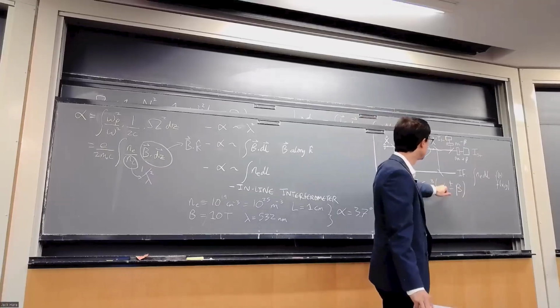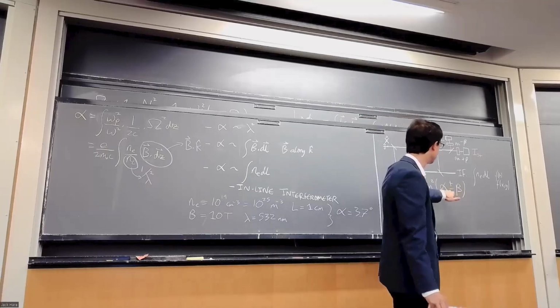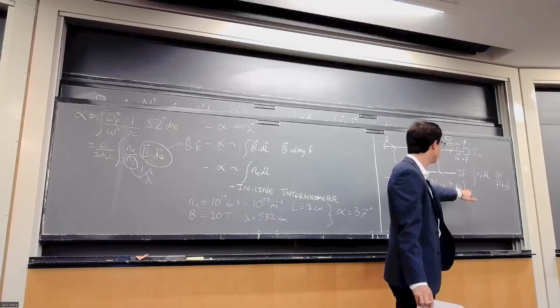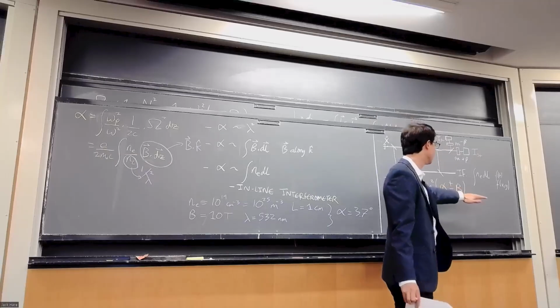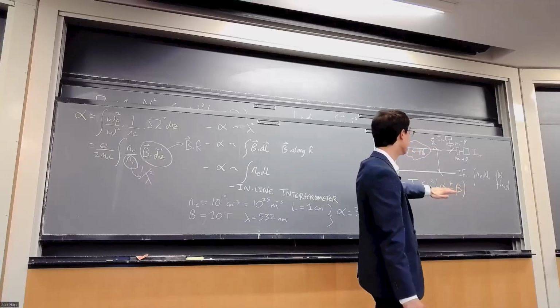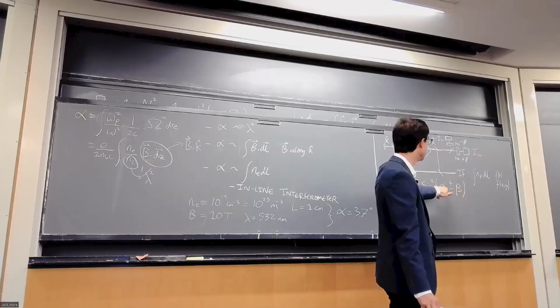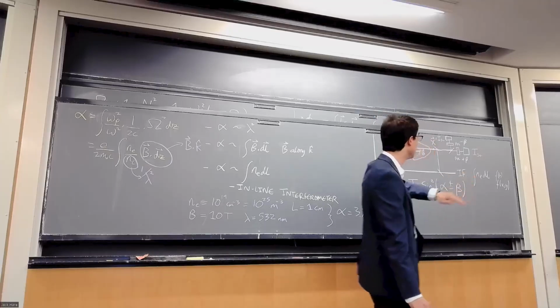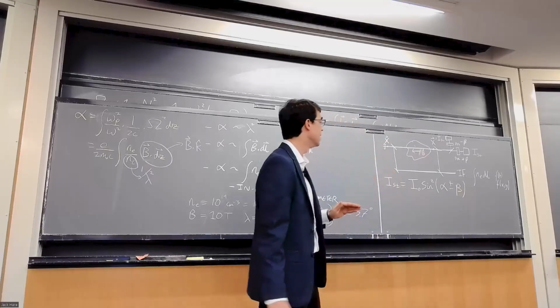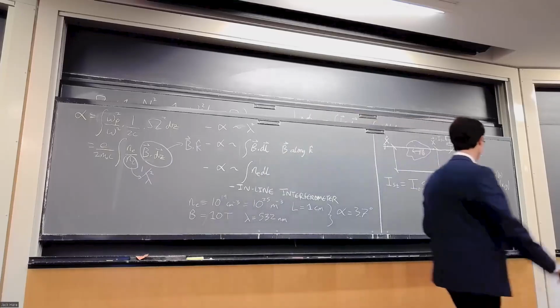As alpha increases, on one of these detectors, alpha minus beta is going to be close to 0, so that detector will measure nothing, it will measure darkness with a sine of 0. On the other detector, you'll have alpha plus beta, that will be some larger number, and so you will measure a larger signal.